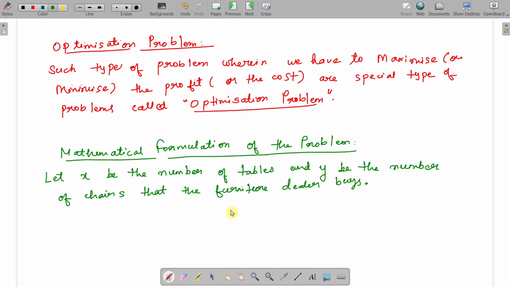so now his budget is only 50,000 and the cost of one table is 2,500, the cost of one chair is rupees 500.